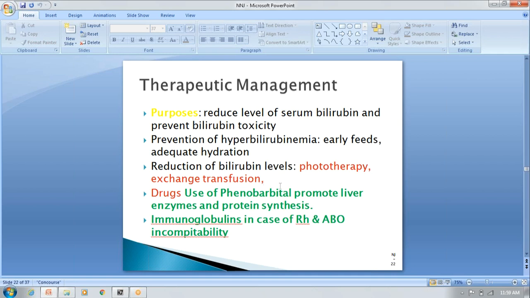The modalities of treatment: phototherapy is the first, second is exchange transfusion, and third is drugs. In hemolytic anemias like Rh or ABO incompatibility, we start immunoglobulins. So these are the three modalities for the treatment of neonatal jaundice. And we have to encourage feeding also, very, very important.